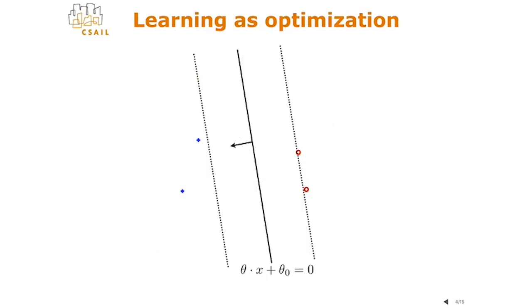Let's now see how we can turn the problem of finding such a large margin linear classifier into an optimization problem, and we do this progressively in stages. Here I have drawn another linear decision boundary with the corresponding theta, as well as 2 adjoining boundaries that we will call margin boundaries. We have a margin boundary on the negative side, and we have a margin boundary on the positive side.